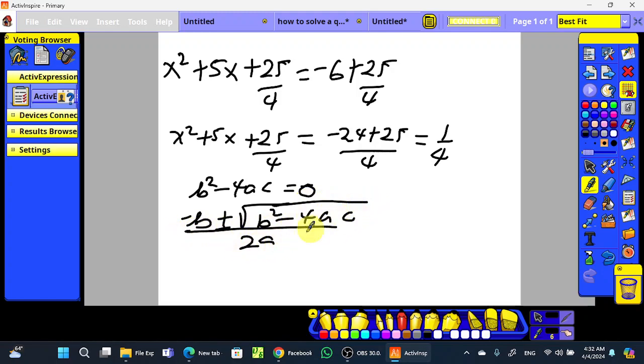When this is equal to 0, the solution is going to be minus b plus or minus 0 over 2a, which is minus b over 2a.